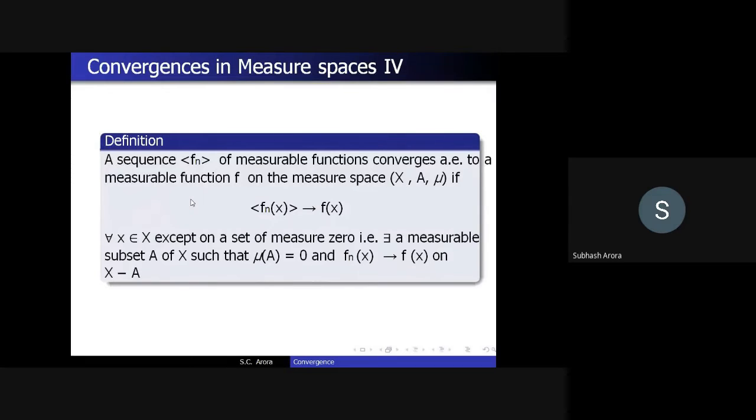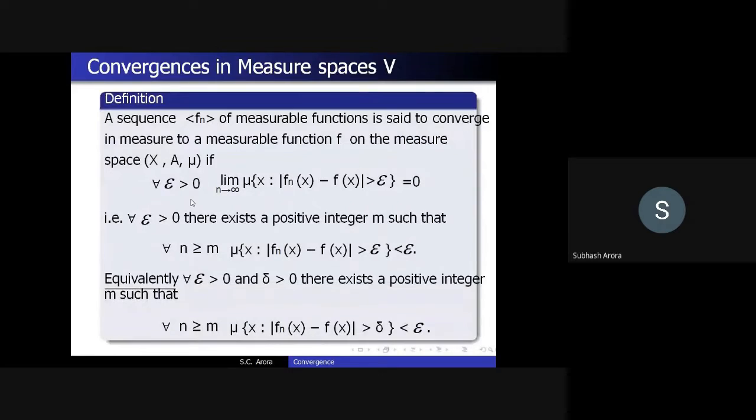Then, next definition. A sequence Fn of measurable functions is said to converge in measure to a measurable function f on the measure space (X, A, mu) if for every epsilon greater than 0, the limit of mu of the set of all those x such that |Fn(x) - f(x)| is greater than epsilon, which is now a real number, as n goes to infinity is equal to 0.